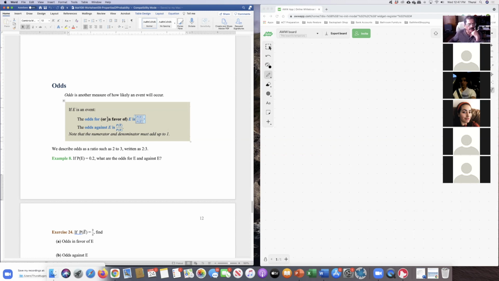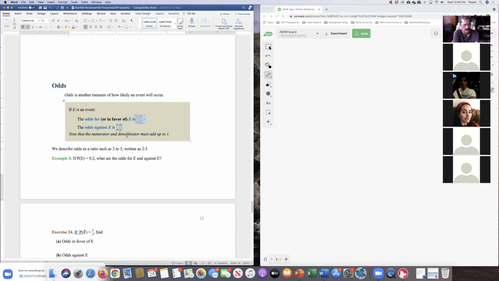So odds in favor of E would be probability of E over probability of E bar. Odds against is not happening as opposed to happening, the opposite comparison, the probability of E bar divided by the probability of E. So odds against is the reciprocal of the odds in favor. You don't usually have to calculate both.